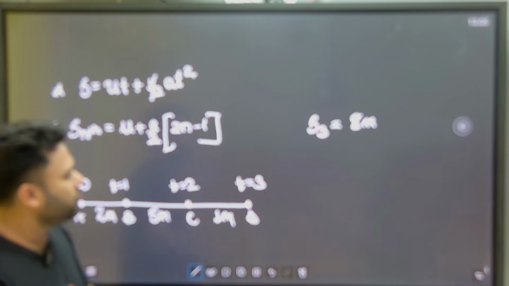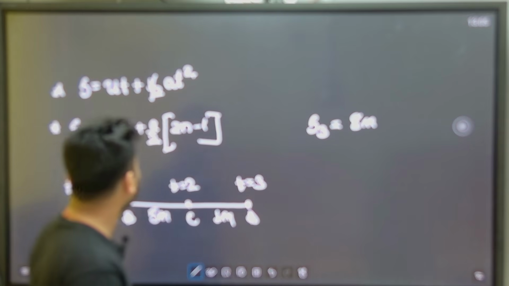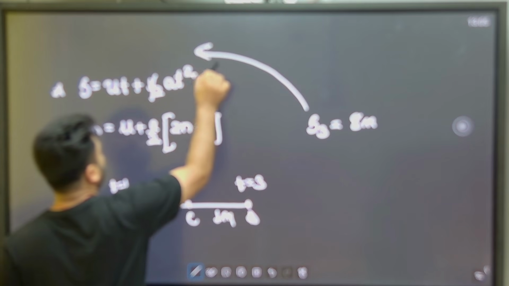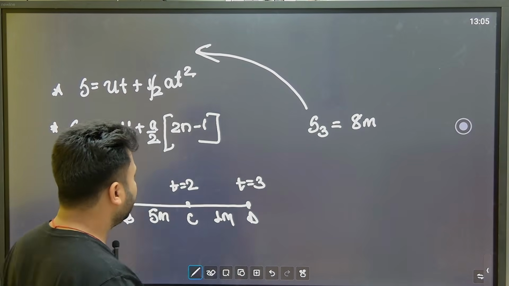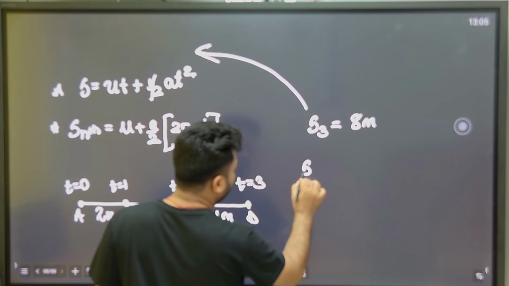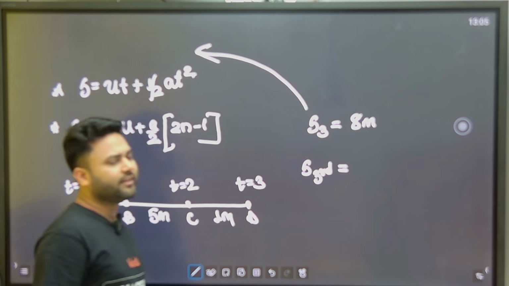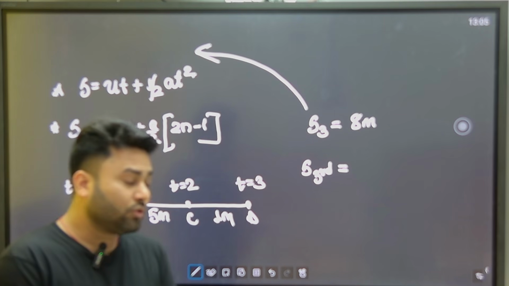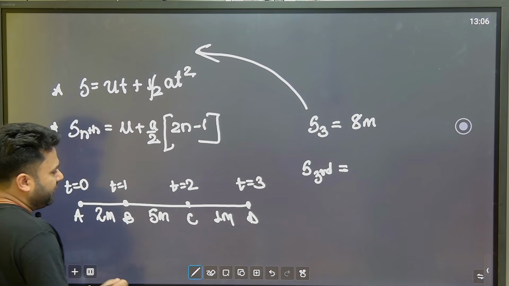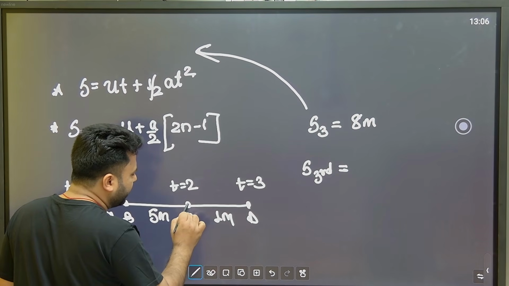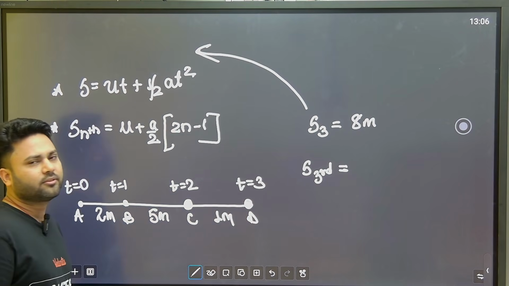So if such kind of question comes, what is the total distance covered in 3 seconds, we are going to use this formula. But if someone asks what is the distance covered by the body in 3rd second, what is the meaning of 3rd second? 3rd second means at the end of 2 seconds you have to focus, and at the end of 3 seconds you have to focus.